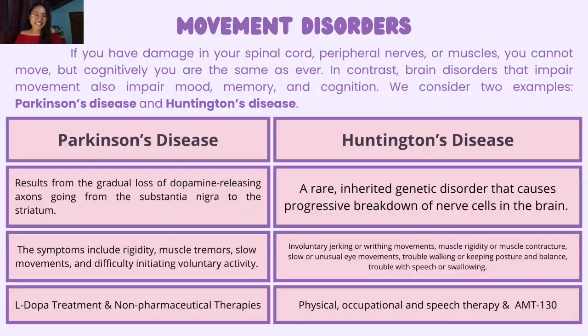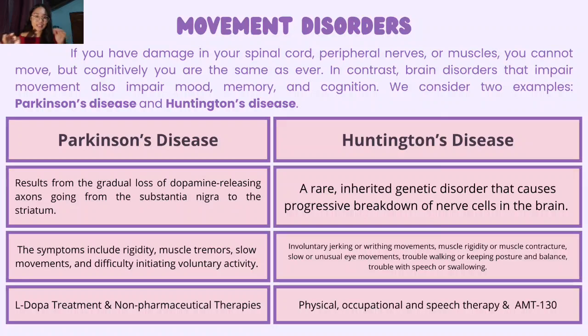Hello everyone. So, my topic is all about movement disorders. So, when we say movement, the way kita ni move, di ba? Movement. This is what you call movement. So, movement disorder. So, if you have a damage in your spinal cord, peripheral nerves, or muscles, you cannot move.